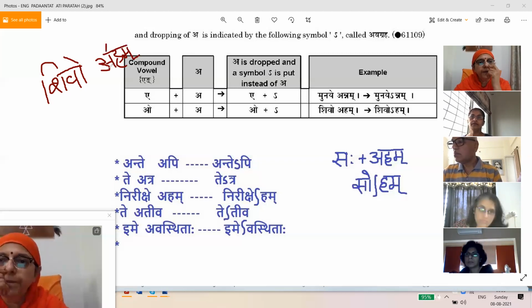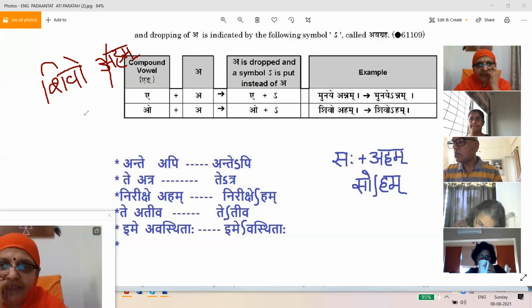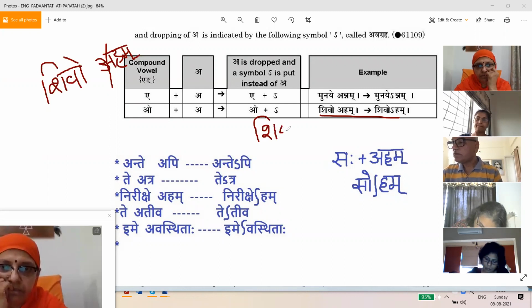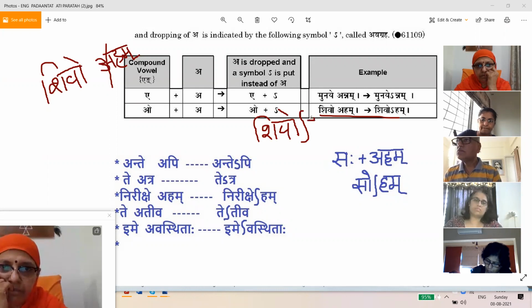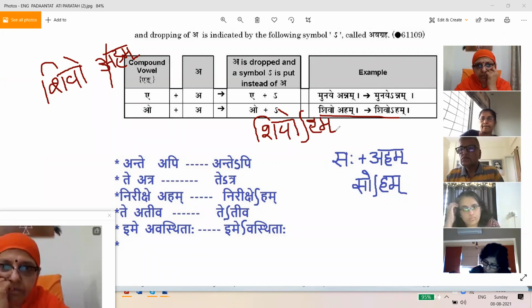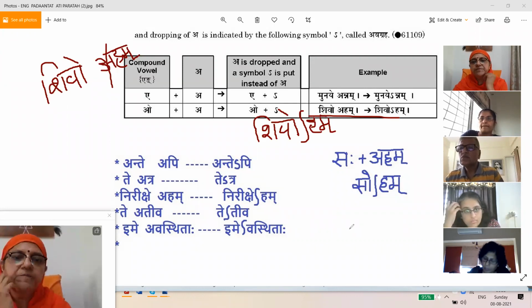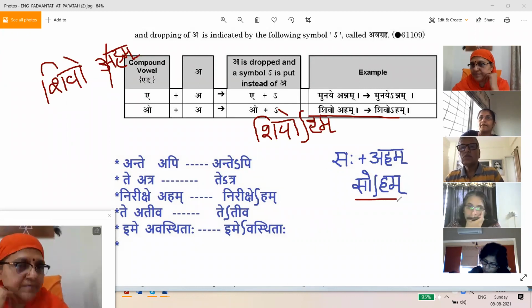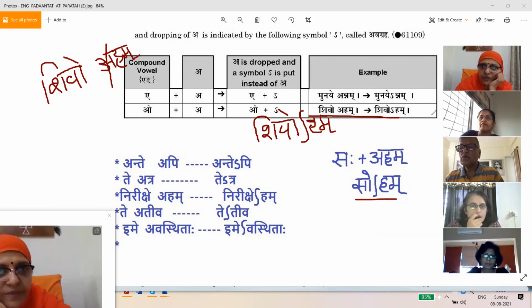Again this a will be elided, and we have to write Shivoham. Same way, Saha aham becomes Soham.